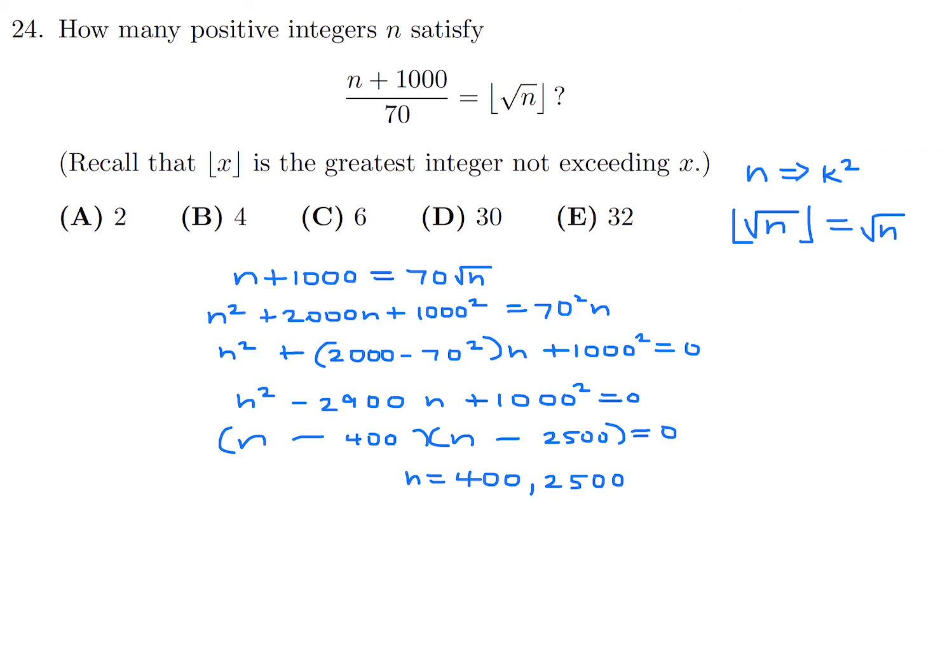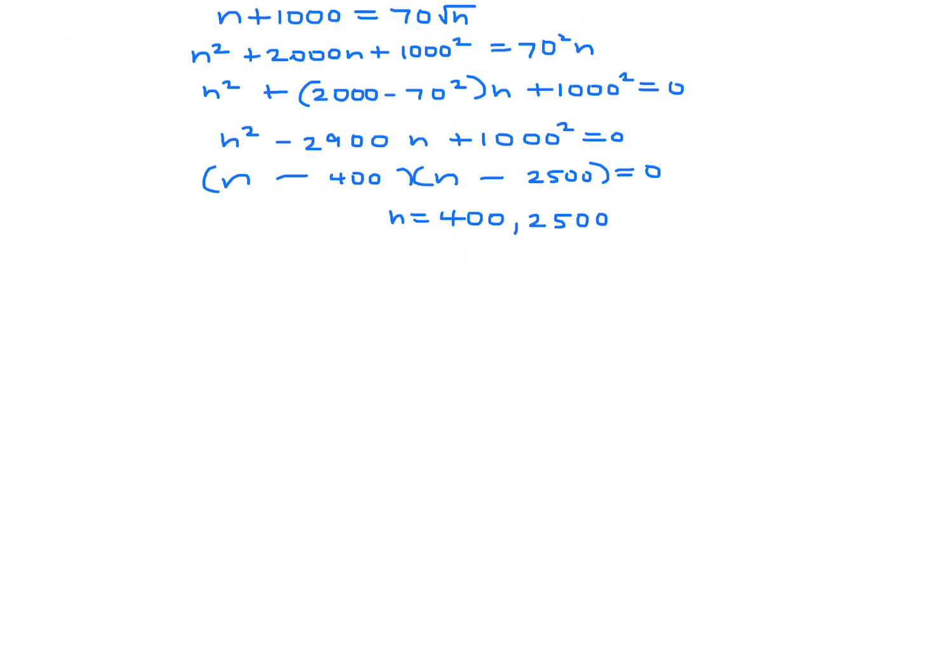Great. Now, what if n is not a perfect square? So n is not simply k squared, but there's some additional number.